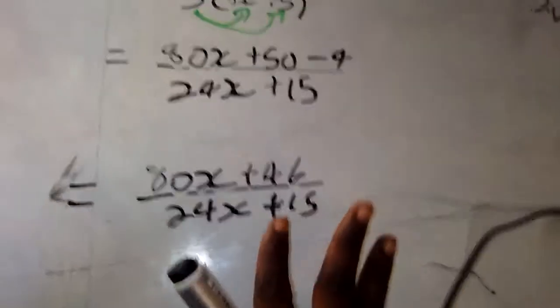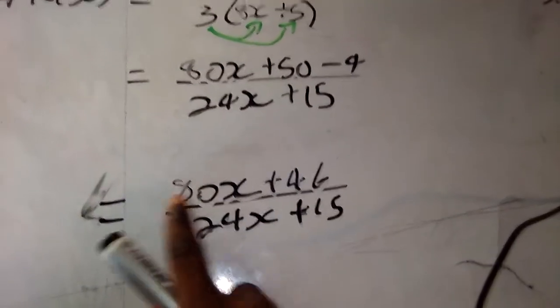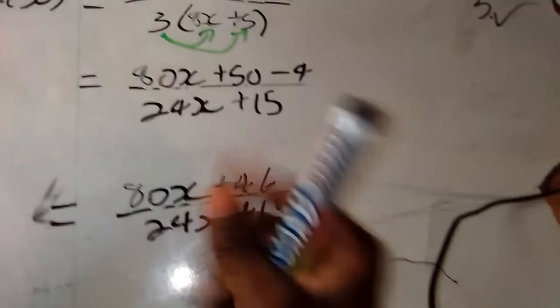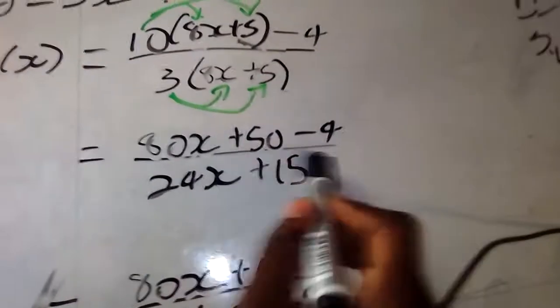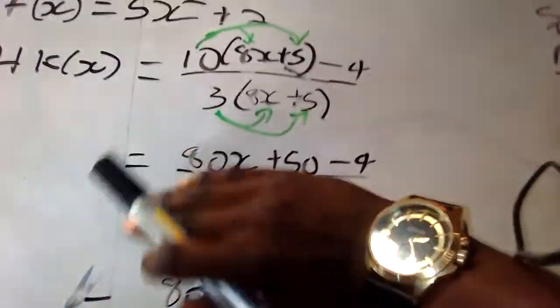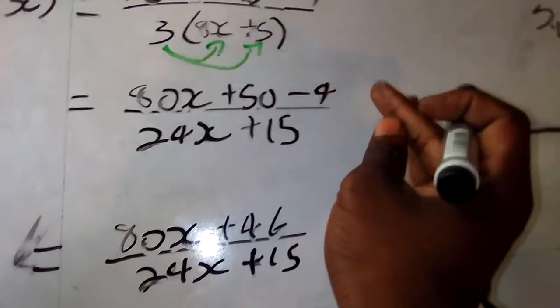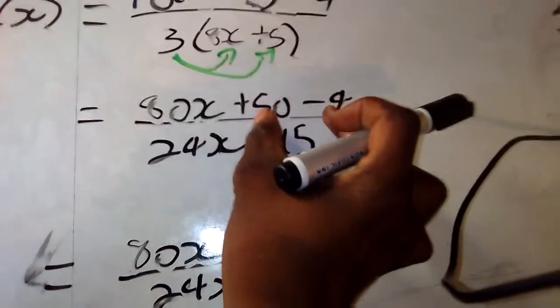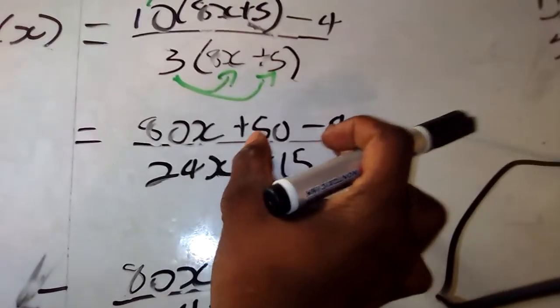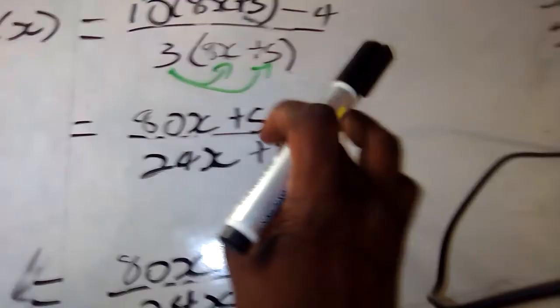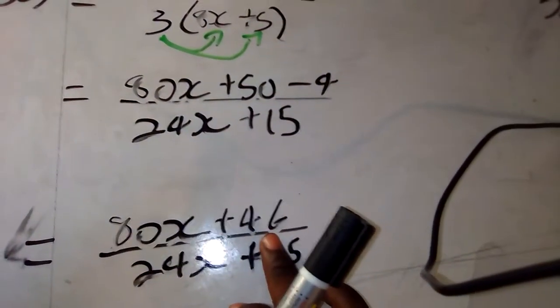Alright, boom. Anyone who got 80x plus 46 over 24x plus 15, you're correct. Here I simplify the top part, so just ignore the bottom part for now. You have 80x plus 50 minus 4. We can simplify 50 minus 4, and you are left with 46.